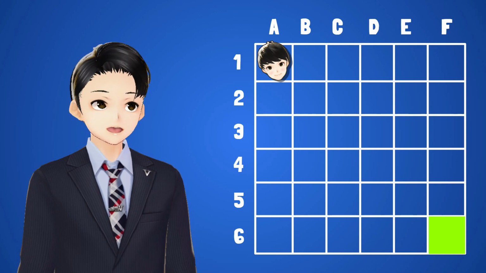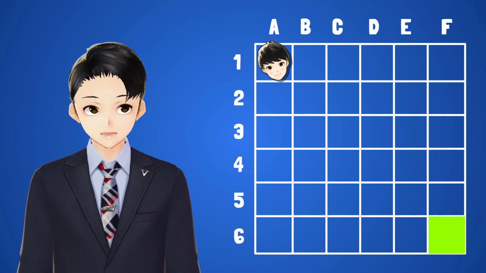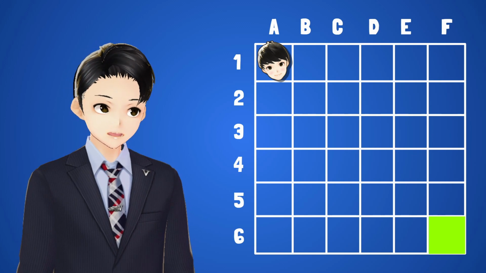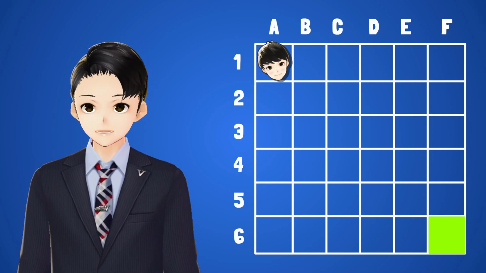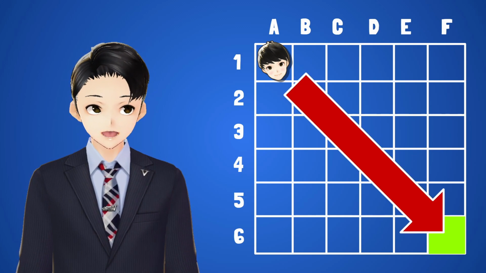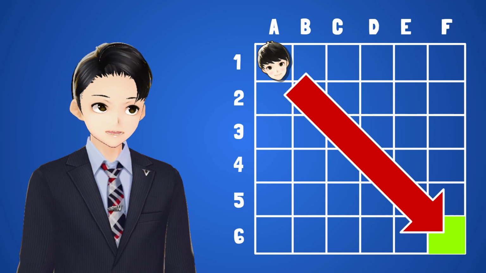Now, how are we going to get V from A1 to our goal at F6? Well, he is going to move. But how? Just like that?